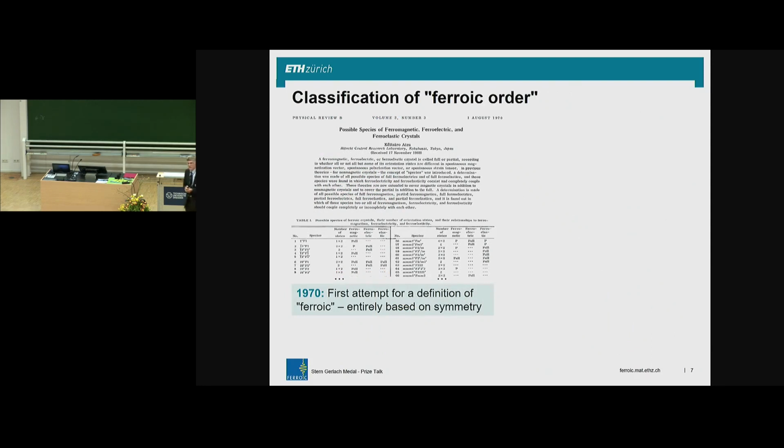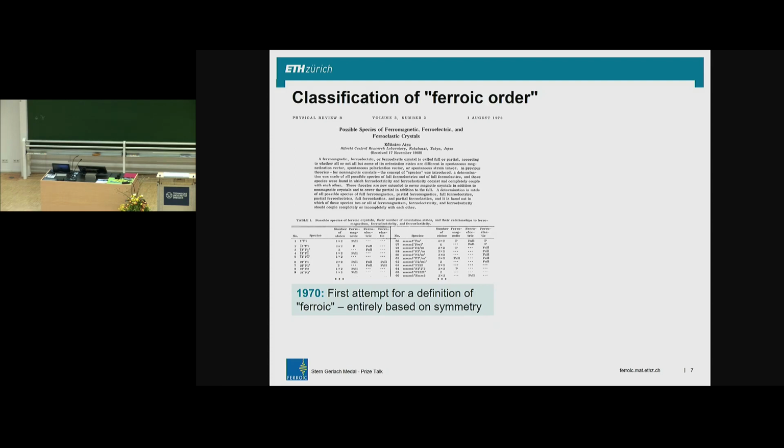And then talking about what is ferroic. So we know for 2,500 years that there are ferromagnets around. Nevertheless, and you would expect so, no later than the 18th century, it was all written down. But in fact, the very first work to develop an overarching concept for what is ferroic order, that's just from 1970. And that was only based on symmetry arguments, so even only covering a small part of that.